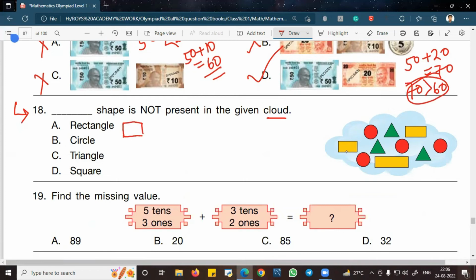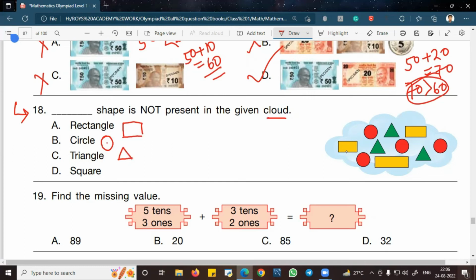Next, in option B, we see a circle. A circle has one center in the middle. Next is the triangle, a plane figure having three sides. And the last one is a square.